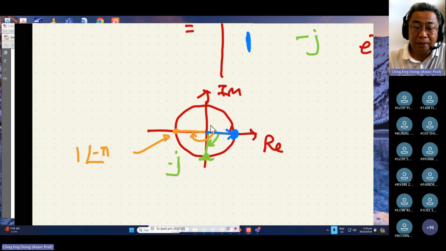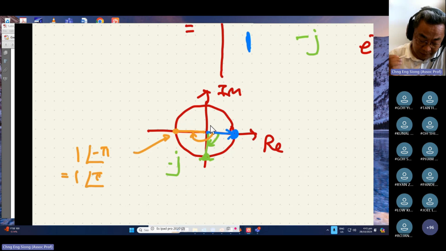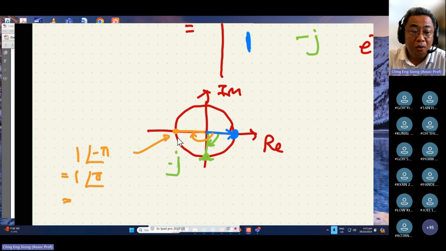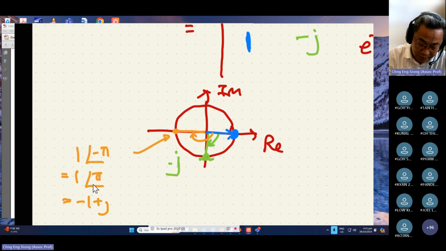Why minus pi? It means that it rotates clockwise. Rotating anti-clockwise, plus pi. So actually it is also equal to 1 angle pi. Doesn't matter. It is also equal to, guess guys, I'm going to write. This is 1 angle minus pi, or 1 angle pi. It is also equal to minus 1 plus j0, right?